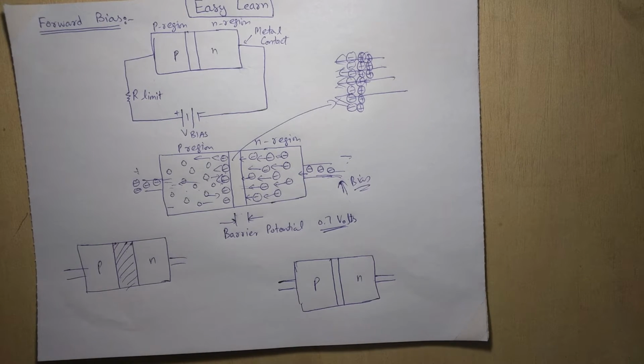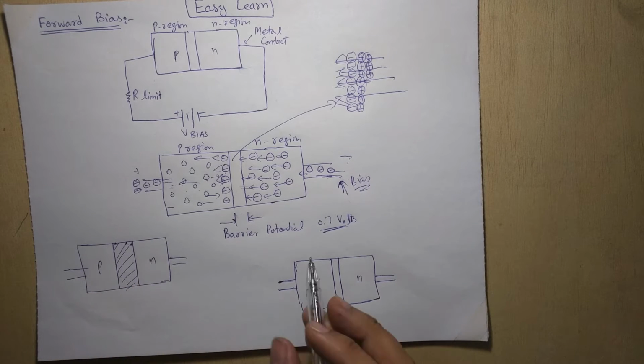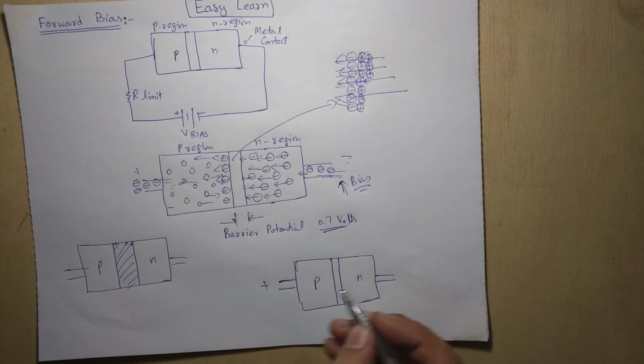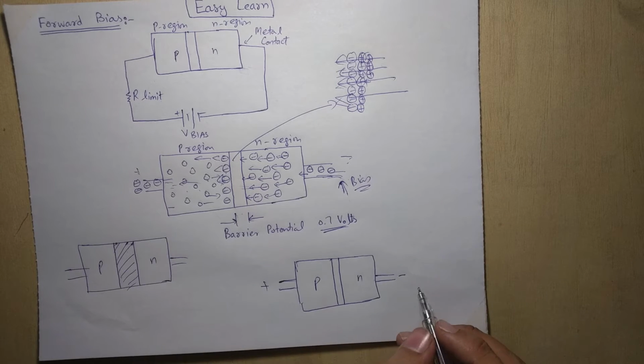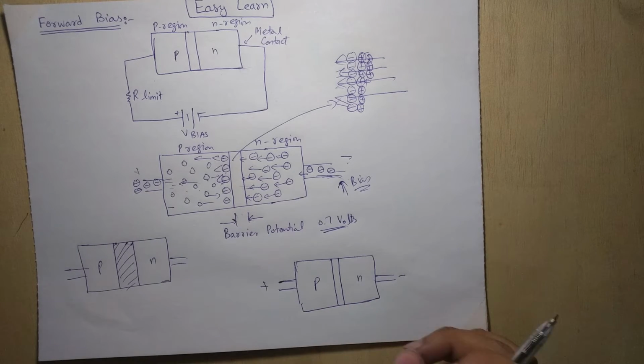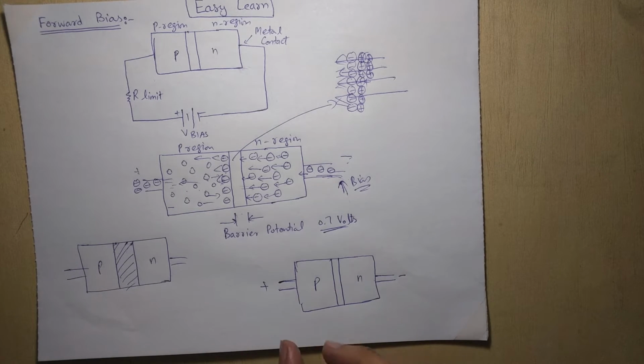In the forward bias case, this results in the narrowing of the depletion region, reducing its width. This is the reason the depletion region loses its width.